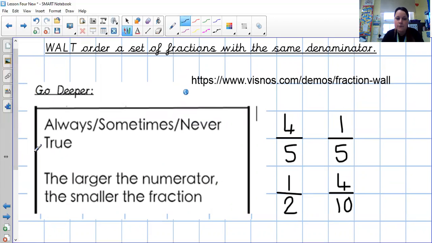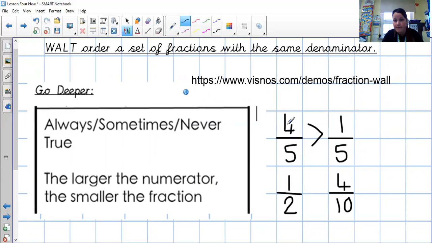So the go deeper was always, sometimes, never true. The larger the numerator, the smaller the fraction. Well, hopefully you can give an example today where that is definitely not true. So I've just given an example that we looked at today. 4/5, we know, is greater than 1/5 because the denominators are the same.